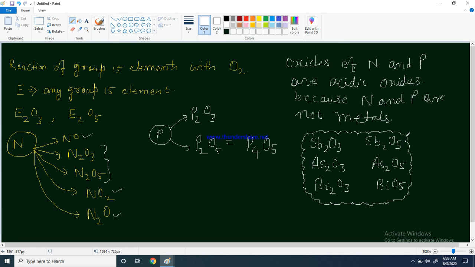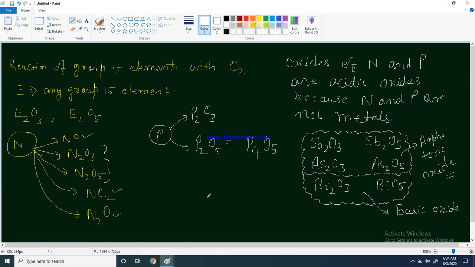So these two are amphoteric, that means they show the property of both acid and base, and bismuth oxide shows basic property, basic oxide. This shows acidic oxide, amphoteric oxide.